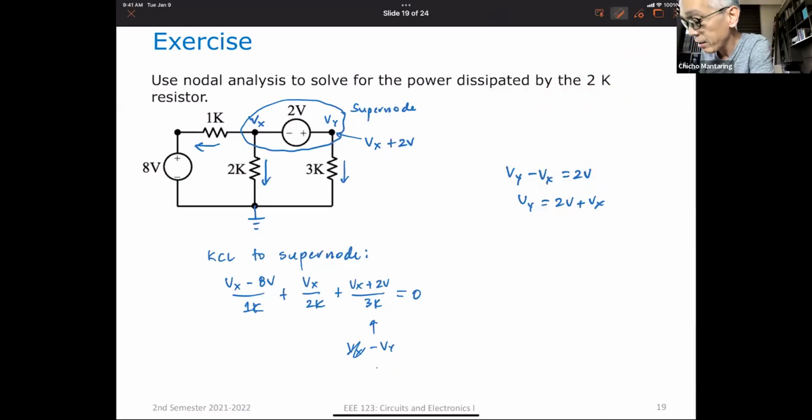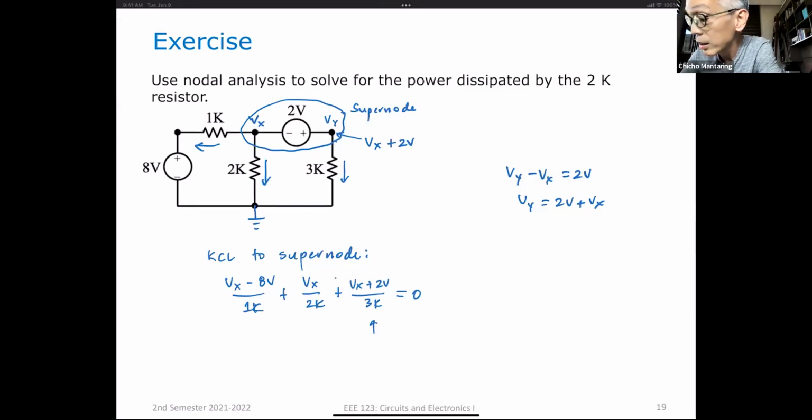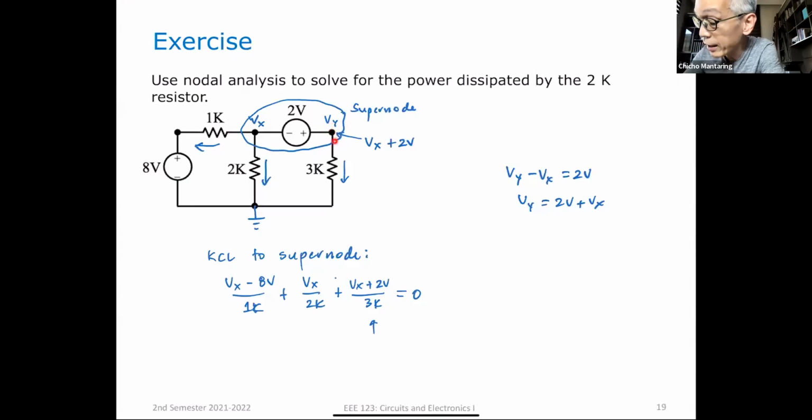Silly me. If I had labeled this V of Y, then this current is just V of Y over 3K. I don't know where I got my previous expression. If I substitute V of Y for this, then I'm going to get exactly the same as this. Mental block lang ako ron ng sandali.